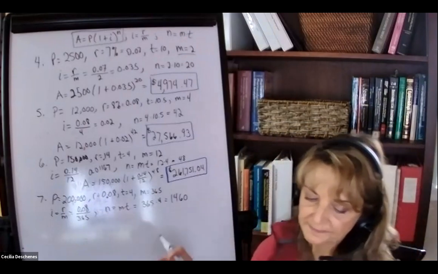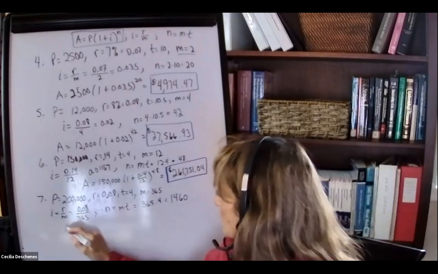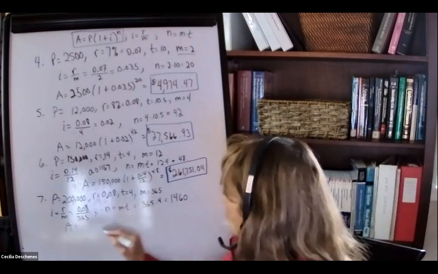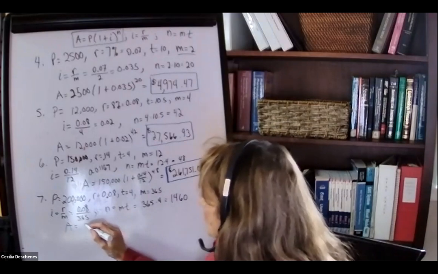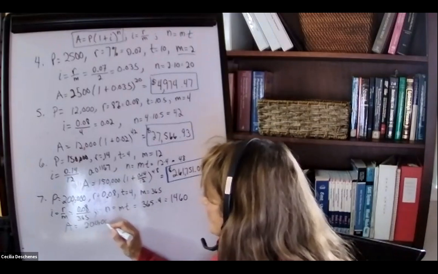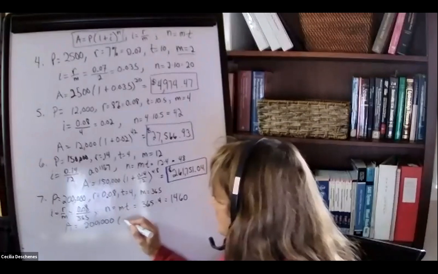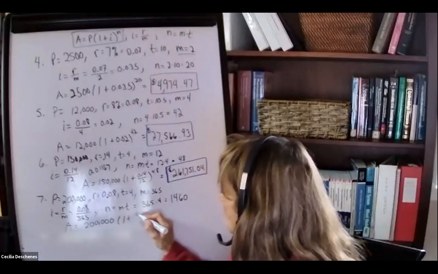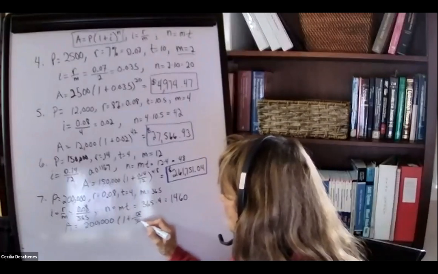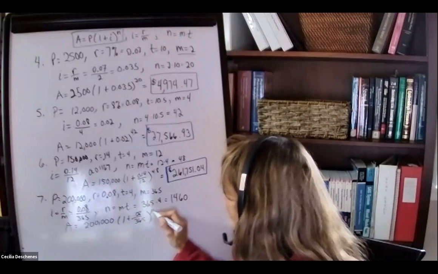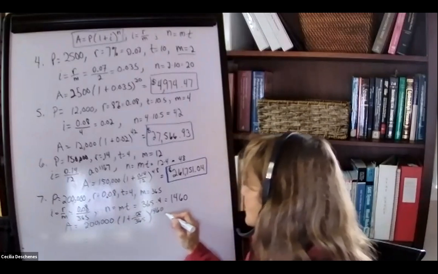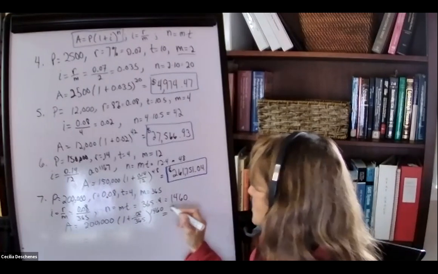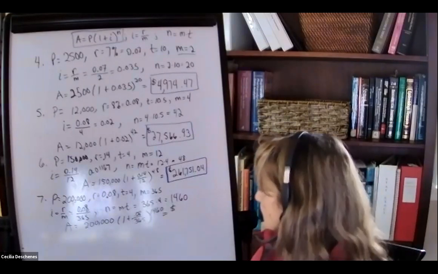So for this one, our amount after these 4 years is 200,000 times 1 plus this 0.08 divided by 365. All of this raised to the 1460 exponent. So how much do we get out of this?